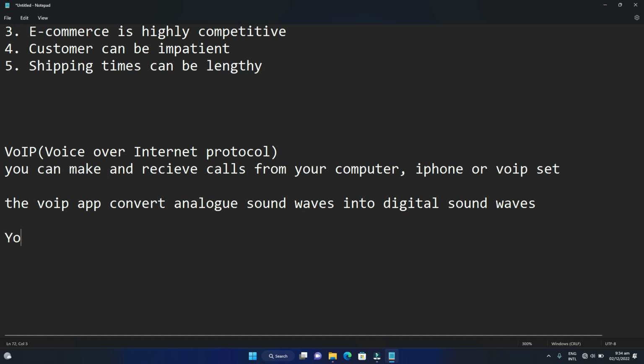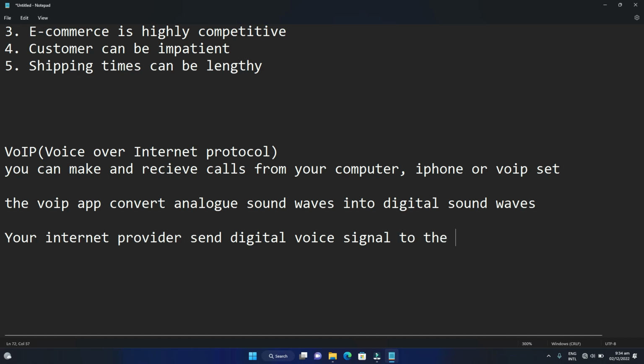After it has been sent, your internet provider will send the digital voice signal to the VoIP voice over IP service.